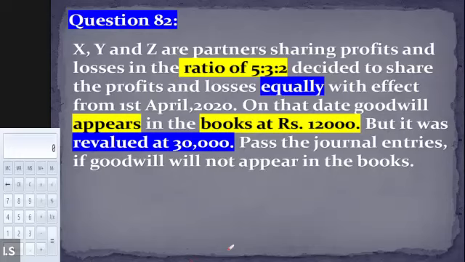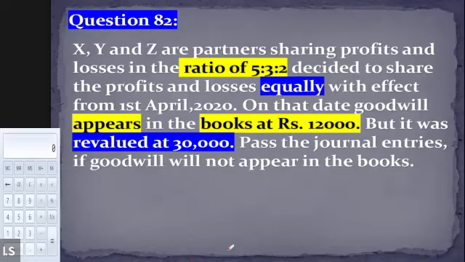That means here it is written that the goodwill appears in the books at rupees 12,000. The value of the goodwill appearing in the books of account must be appearing because we must have purchased it, right? As per Accounting Standard 26, anything for which the firm has paid money or made any consideration can only be recorded in the books of account.